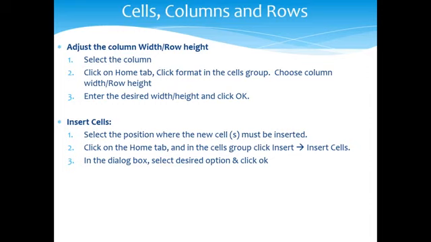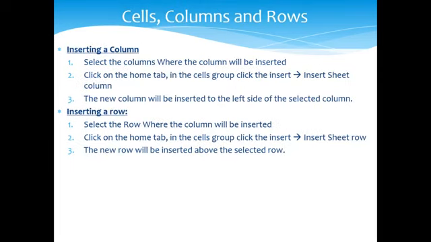Then from there, I click the Home tab, then click Format in the Cells group, and then I choose Row Height and enter the desired measurement. You are going to realize that the row height will change. Very simple and straightforward.